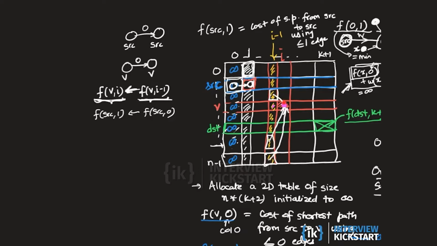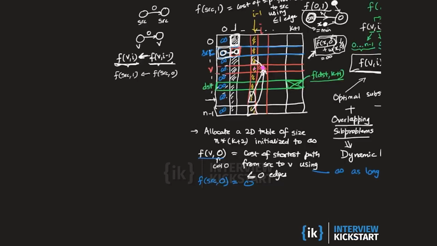And then for each vertex in column i, we look at the actual predecessors in the graph and see if the path through any of them leads to a better, cheaper path, and if so, we update the value.